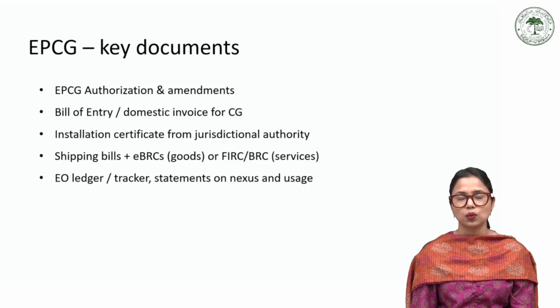Let us see what are the key documents required in EPCG scheme. The first key document is EPCG authorization and amendments. Whether or not the EPCG has authorized the import of such capital goods availing duty reduction or duty concession.